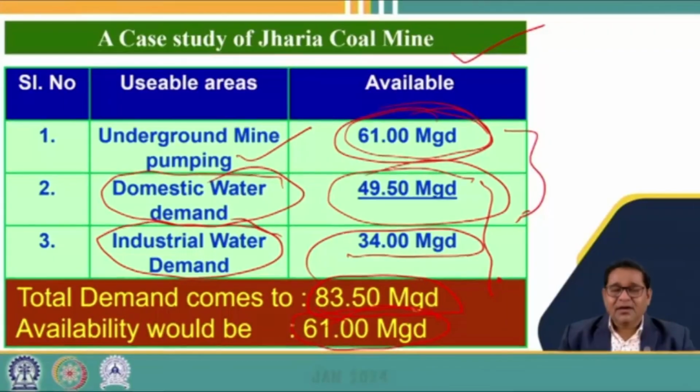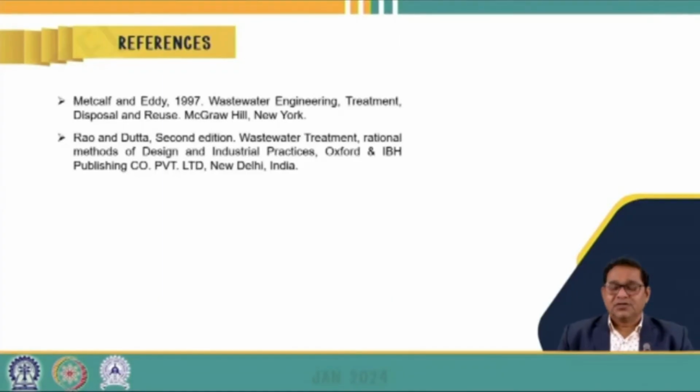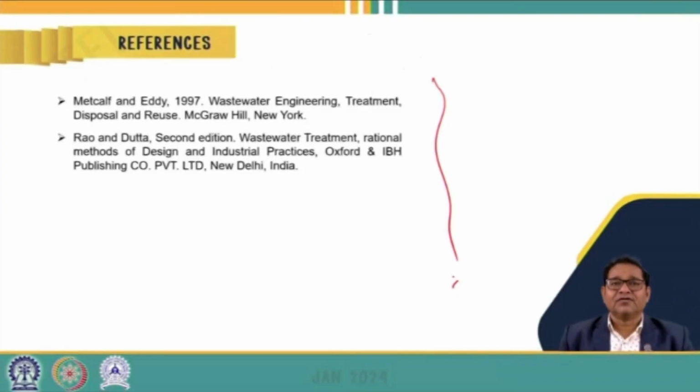So that can meet most of our water demand, and this can be treated as a strategy to meet the water crisis in the various coal mines and the surrounding villages and areas where there is a lot of crisis of water. So these are the references you can use. Thank you.